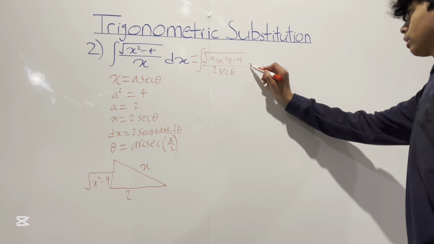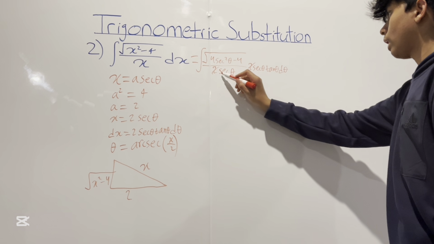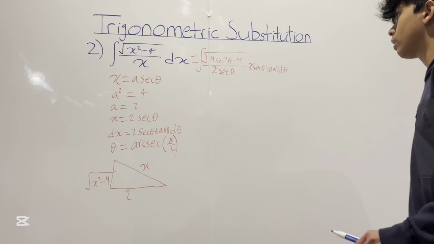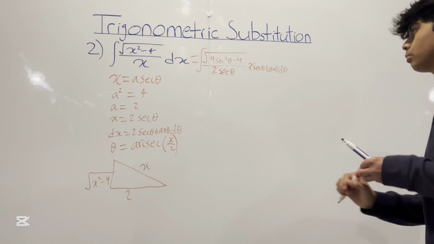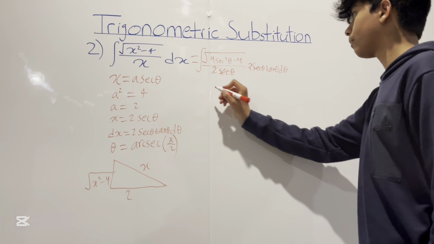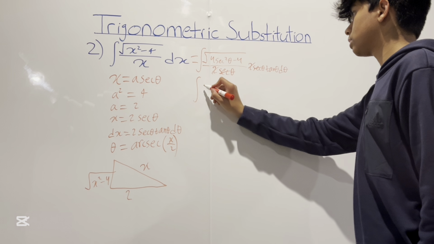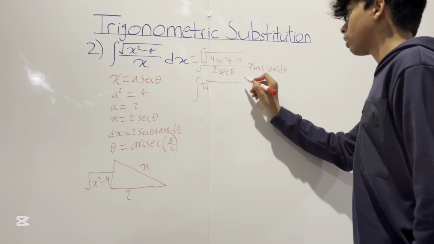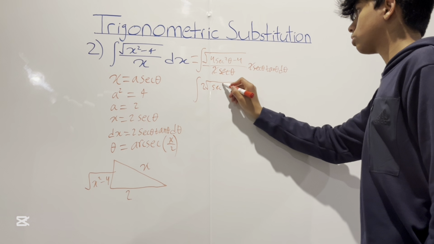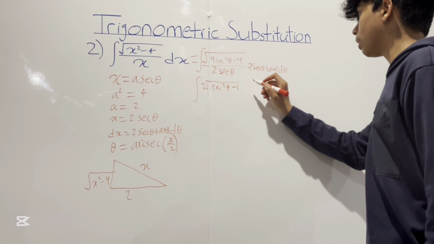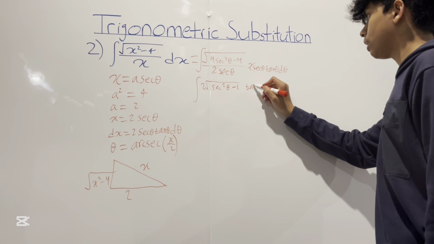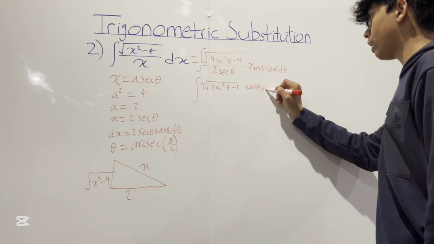Now we can cut off the 2 and the secant theta. And let's simplify the numerator a little bit. We can bring this 4 out, and this is going to be 2 times the square root of secant squared theta minus 1, times tan theta d theta.